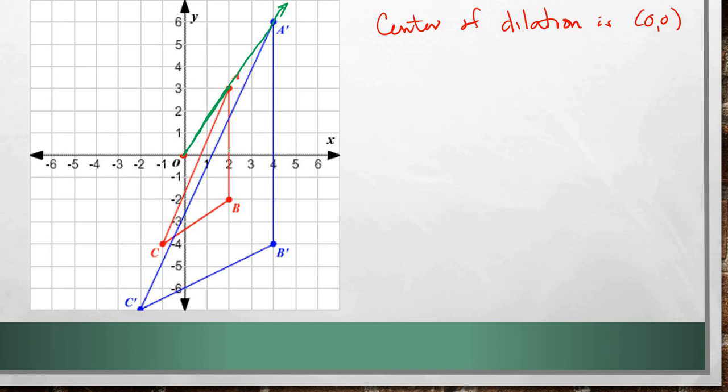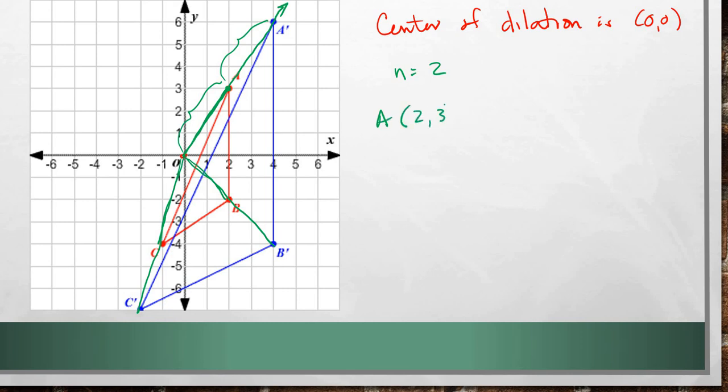If you take the distance from the origin to A, and then the distance from the origin to A prime, hopefully you can see that it is twice as long. Same thing happens if I go from O to B, and then O to B prime. You can see that we are doubling our length here. And the same thing from O to C and O to C prime.